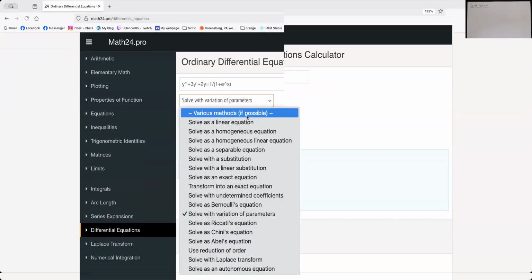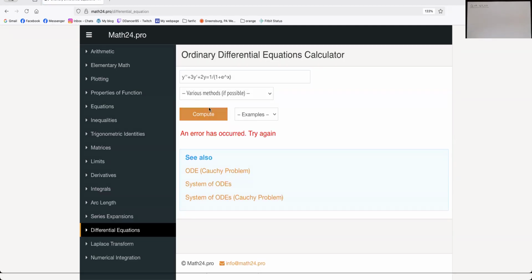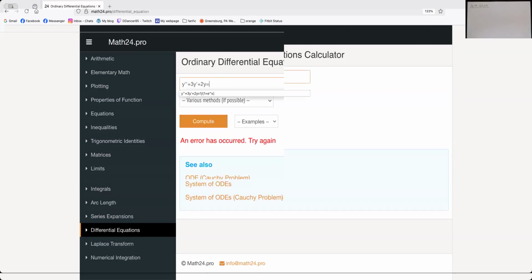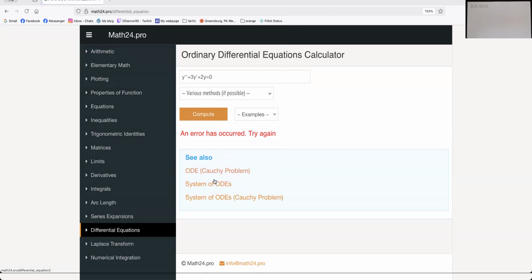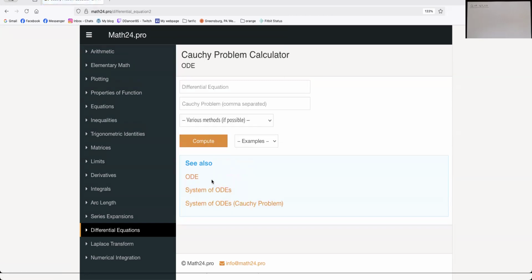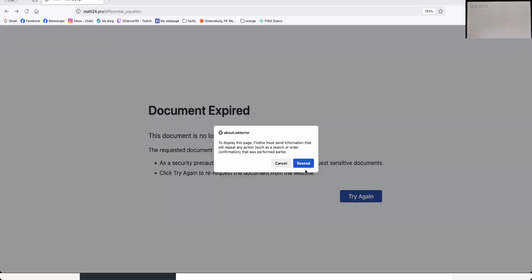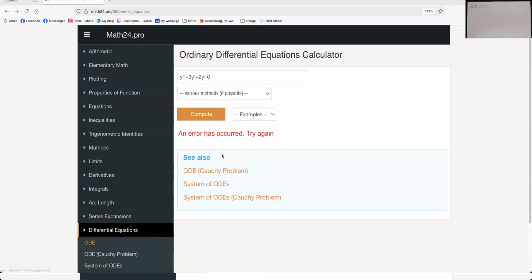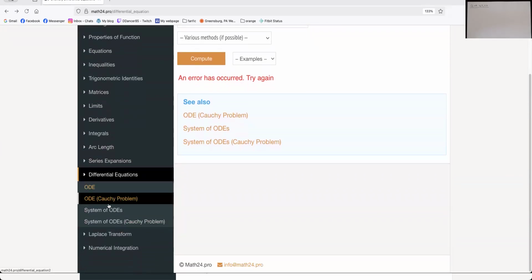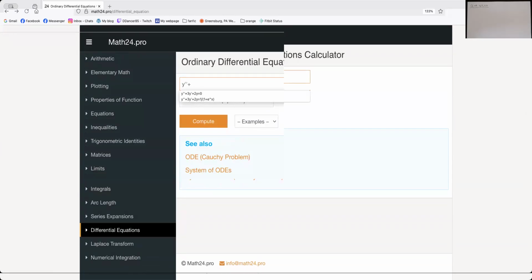All right, let's turn the variation of parameters idea off. Let's do it however you want. I guess their server is down, but normally it works. Let's just do the homogeneous one: standard ordinary differential equation, y double prime plus y equals 0.